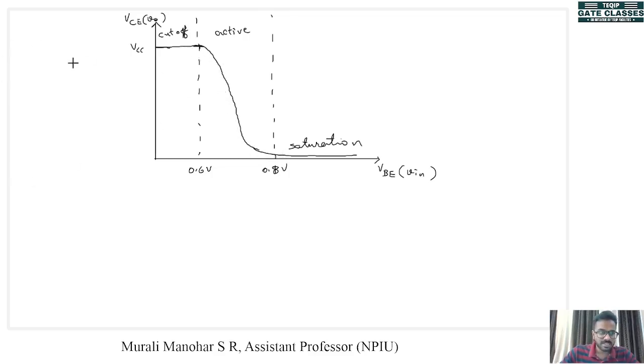So let's say this is our Q point because of the fixed bias. We can denote it like this. And now we are applying our AC signal here, because our BJT is now raised to this Q point. It is now operating at this point without any AC signal, and we are going to apply our AC signal. That means the AC signal is going to be applied at this point.